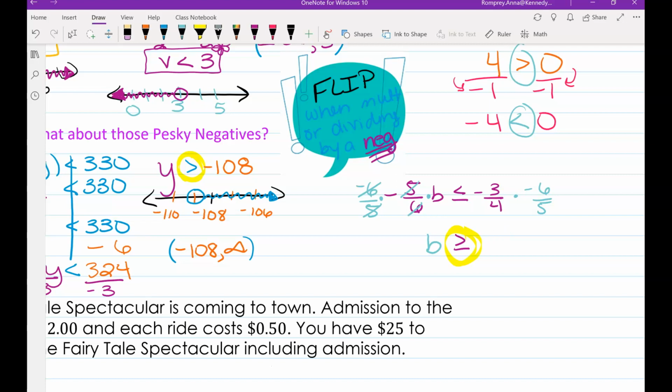Oh wait, I could have simplified 4 and 6. 2 goes into both. 2 goes into 4 2 times. 2 goes into 6 3 times. So -3 times -3 gives me 9, and 2 times 5, 10ths. It wouldn't have mattered if you didn't simplify. You would just need to simplify your fraction once you have the answer. All right. So b is greater than or equal to 9/10.